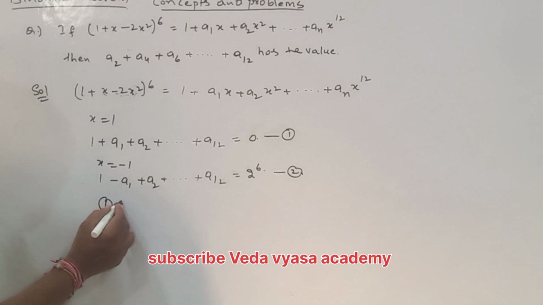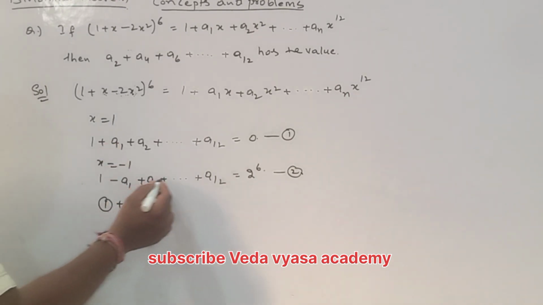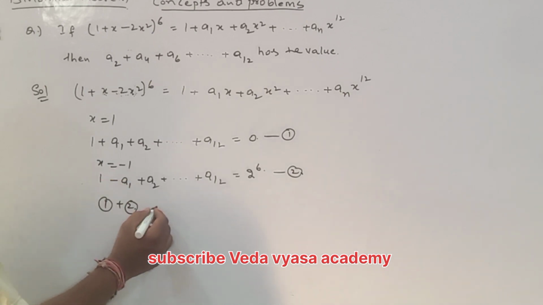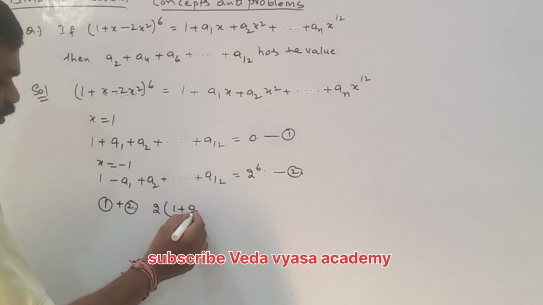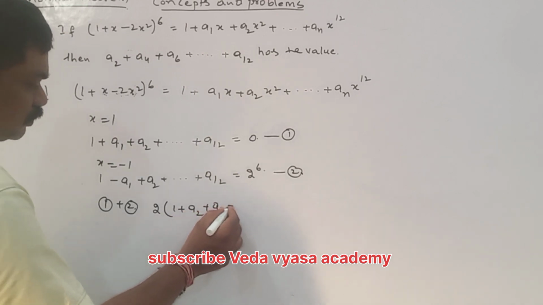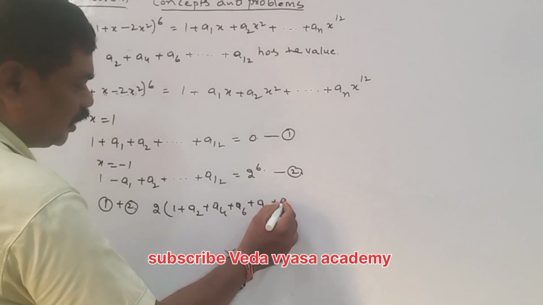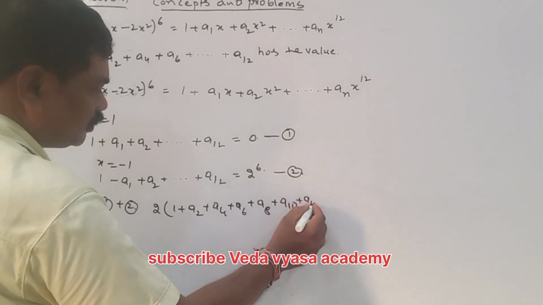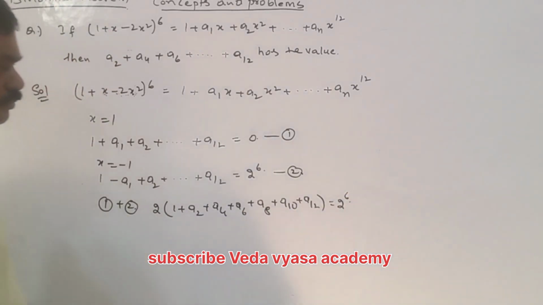Then adding 1 and 2, the odd terms are cancelled, only even terms remain. 2 of (1 + a2 + a4 + a6 + a8 + a10 + a12) is equal to 2 power 6.